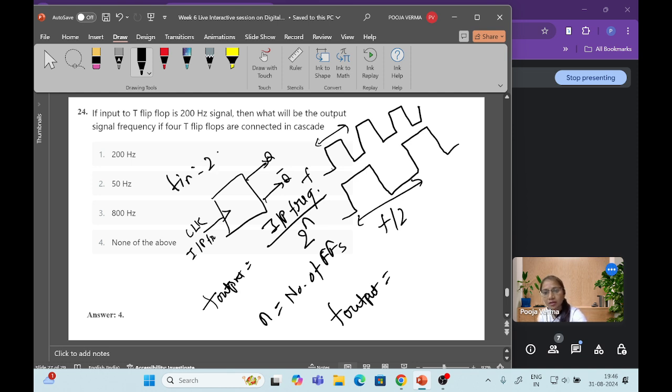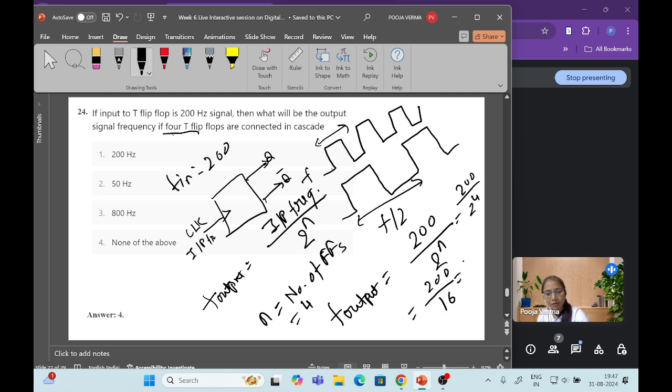The input frequency is already given as 200 hertz. So 200 hertz divided by 2 to the power n. Here n is the number of flip-flops, which is 4, since 4 T flip-flops are connected in cascade. So 200 divided by 2 to the power 4, so 200 divided by 16.